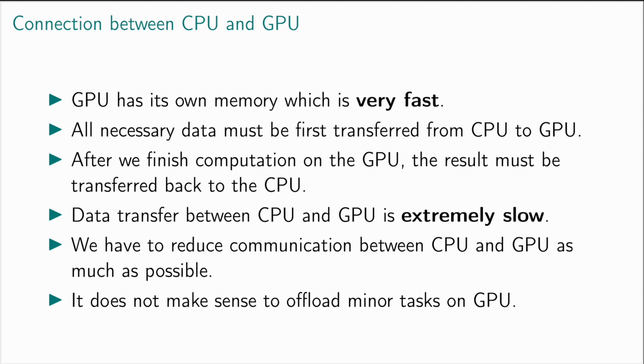Given the slow data transfer rate between the CPU and the GPU, it's essential to minimize this communication. This suggests that offloading minor tasks from the CPU to the GPU might not be efficient, as the time spent transferring data to the GPU could outweigh the time saved by processing on the GPU itself.